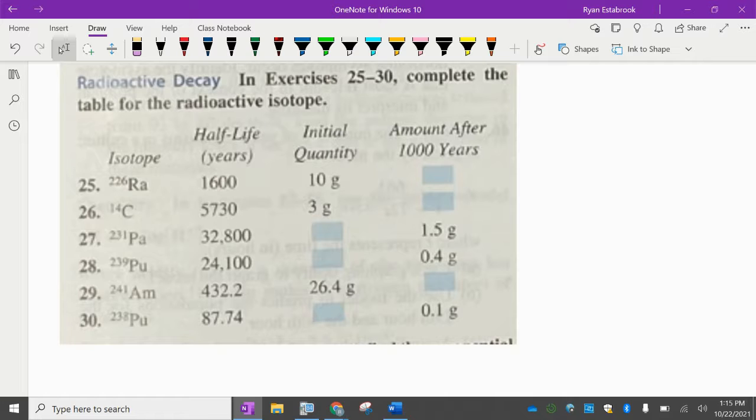So there are 6 radioactive isotopes here. Anybody know what number 25 is? 226 Ra? Radium. Okay. How about the next one? 14C? Carbon 14. How about this one? Potassium is K. I don't know.